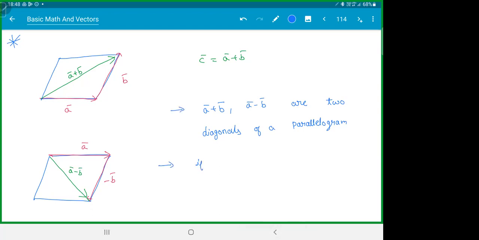And if the magnitude of A bar plus B bar becomes equal to A bar minus B bar, it becomes a rectangle. So in a parallelogram, if both the diagonals are equal, it's a rectangle.